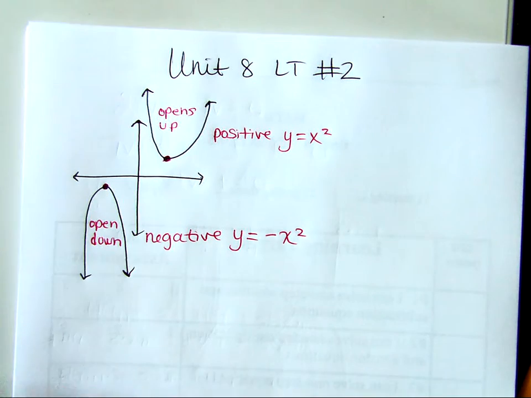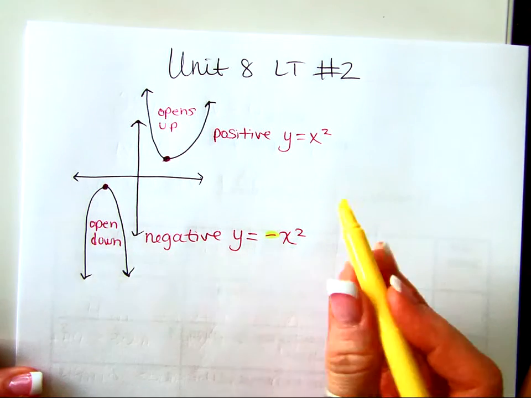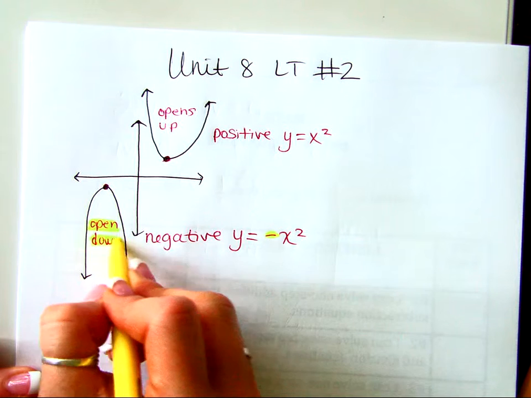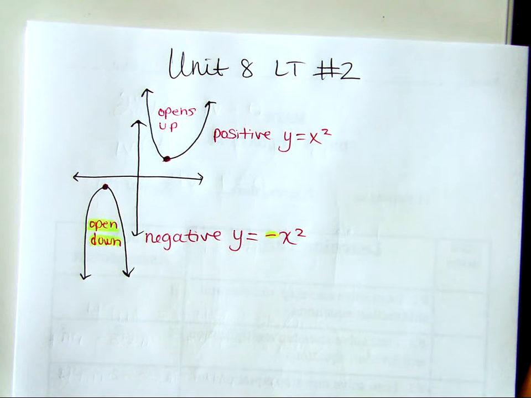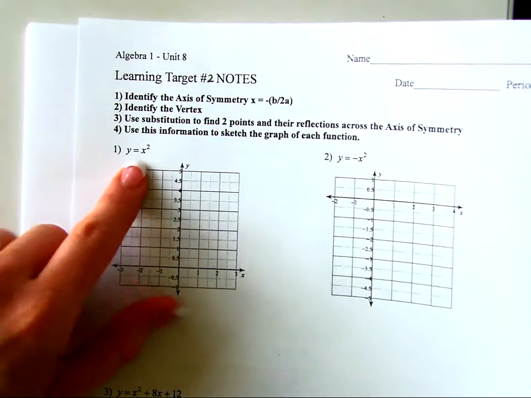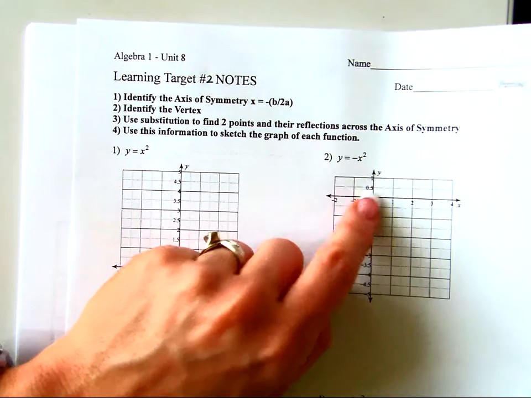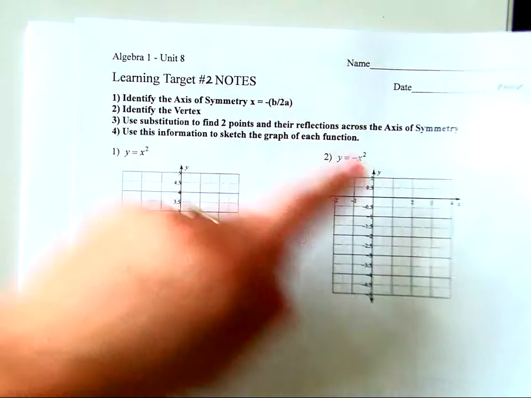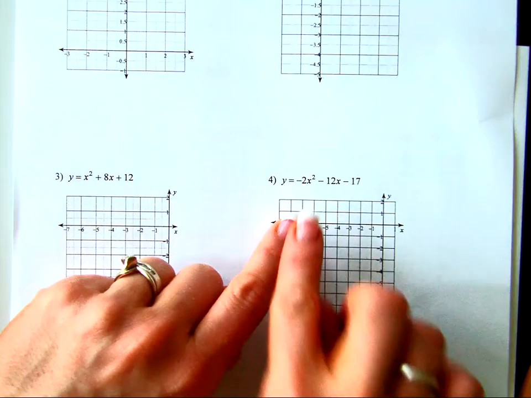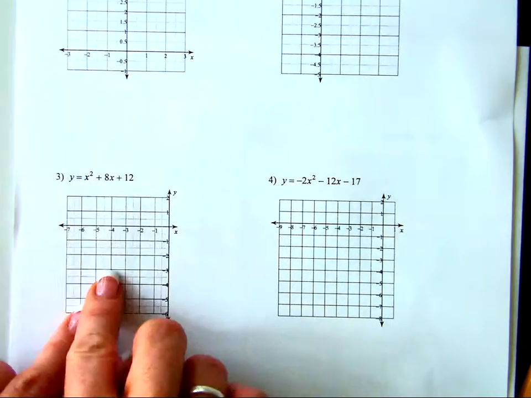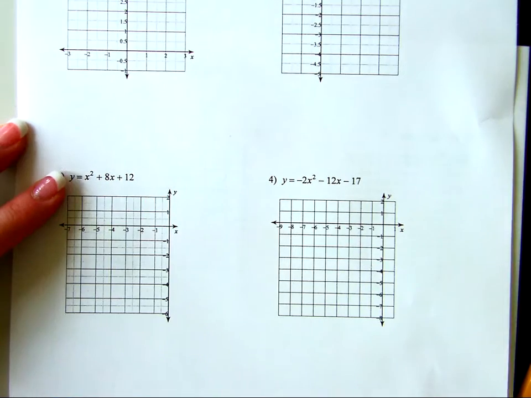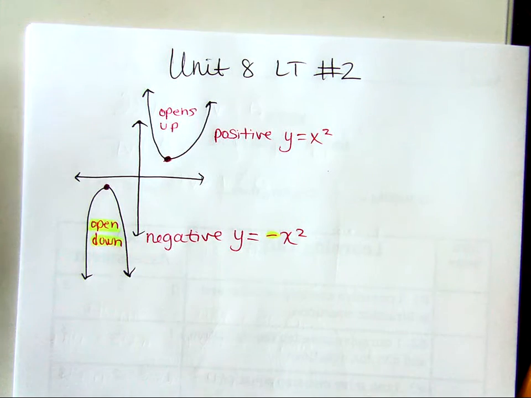So when there is a negative in front, it's going to open down. Okay, that's the first thing. So in standard form, as you're looking through these, you don't see a negative, that's an opening up. Do you see that negative? It'll open down. See that negative? It'll open down, but this one will open up. That's really important, okay?